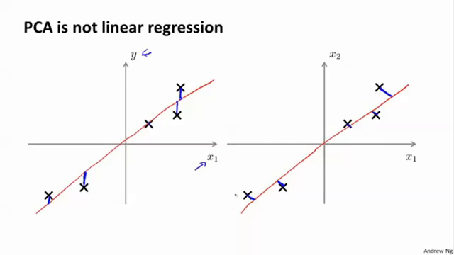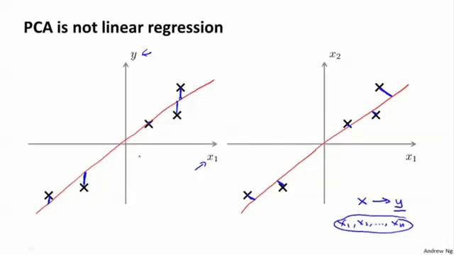More generally, when you're doing linear regression, there is this distinguished variable y that we're trying to predict. All that linear regression is about is taking the values of x and using them to predict y. Whereas in PCA, there is no special variable y that we're trying to predict. Instead we have a list of features, x1, x2, and so on up to xn, and all of these features are treated equally. No one of them is special.